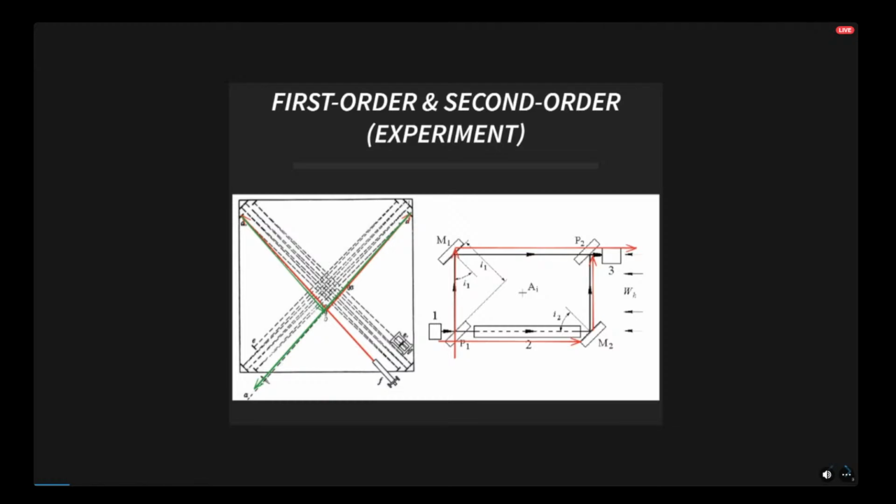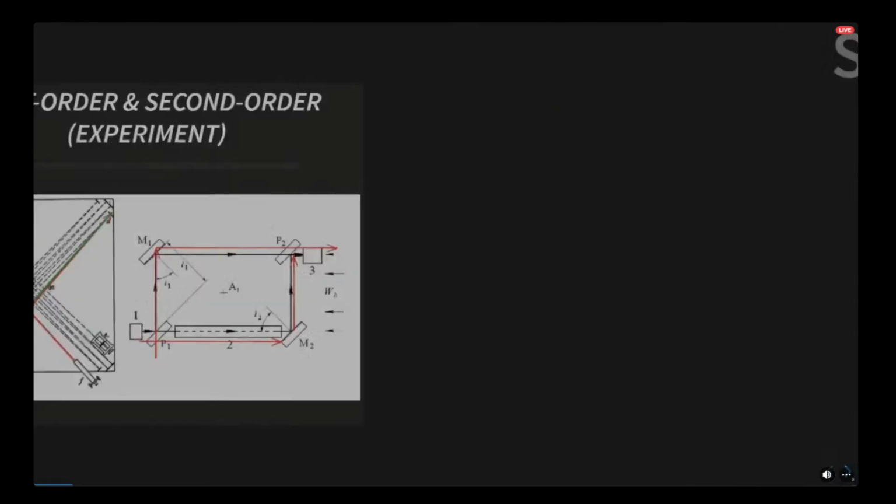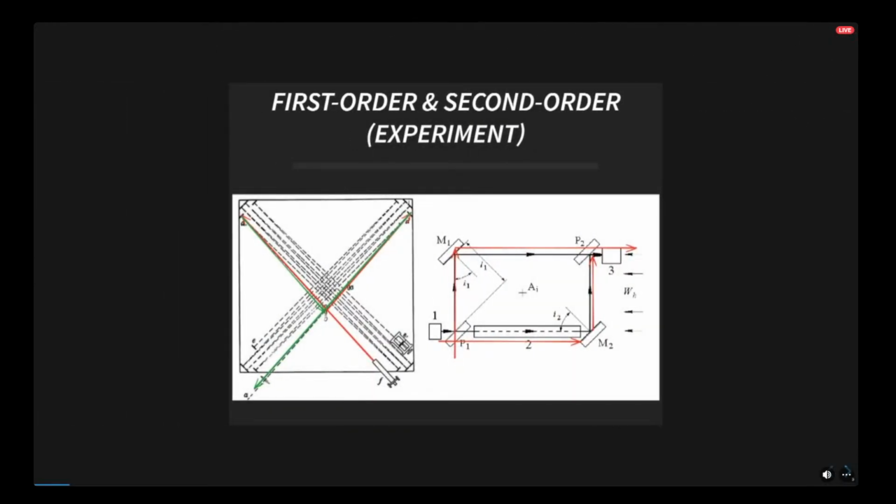If you look at the left setup here, you see that the light beam is going back and forth, extending the length of travel. That back and forth relationship allows you to take an average, so to speak, so you can get a more refined reading, and then you can do further analysis on that and get more information about what's going on. So it's not necessarily that one's better than the other per se, right?